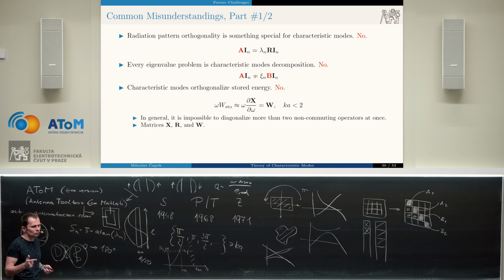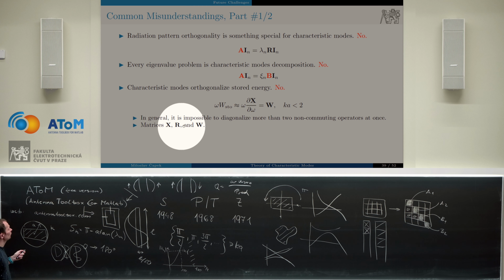And then imagine the opposite, that characteristic modes would diagonalize this matrix. That would mean that you can diagonalize 3 different matrices at once. But this is extremely rare, and it's not possible if you have matrices which are not commuting with each other.